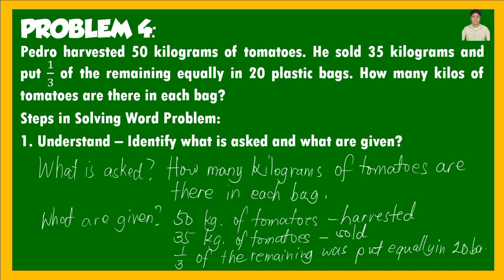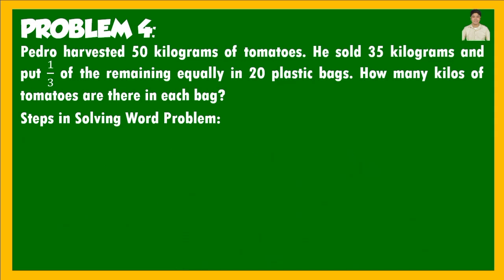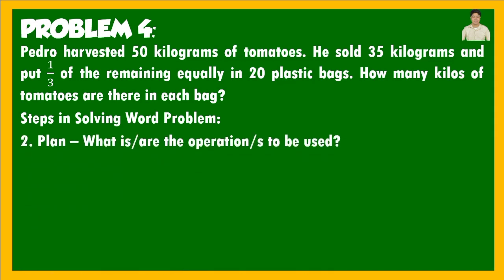So 20 bags or 20 plastic bags. Next, what is or are the operations to be used? Okay. So dito, ang operation natin is division. What else? Multiplication. And then, subtraction.